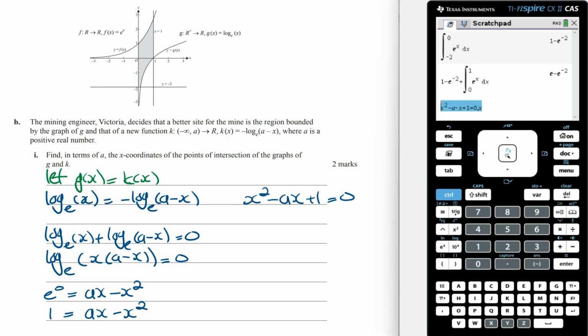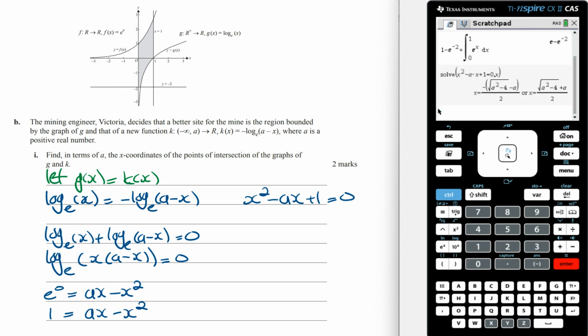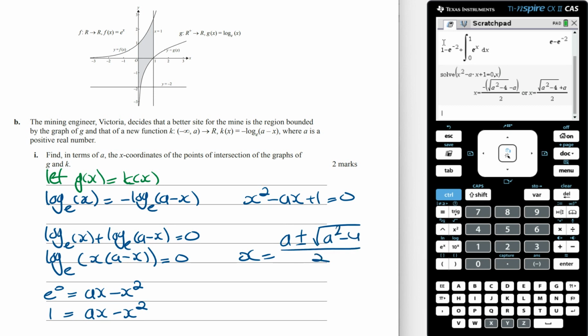Solving for x, we get two solutions. Multiplying the negative inside the brackets, the points of intersection are x equals a plus or minus the square root of a squared minus 4, divided by 2.